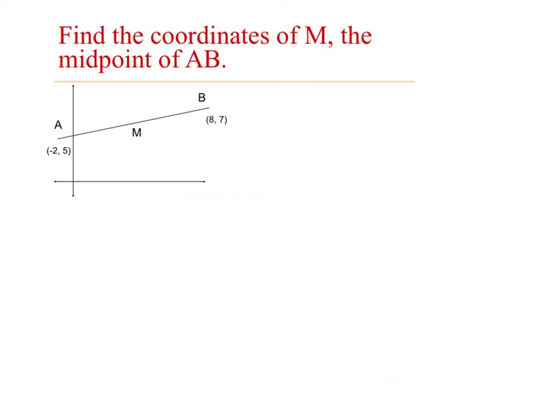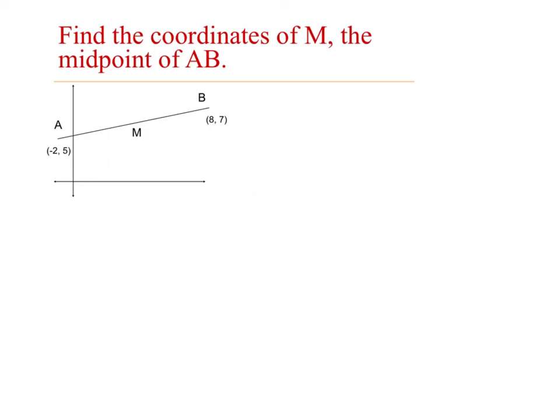So for the example on this page, take a quick look at what we're being asked. We want to find the coordinates of M, which is the midpoint of line segment AB. Notice A has a coordinate of negative 2, comma 5. B has a coordinate of 8, comma negative 7.